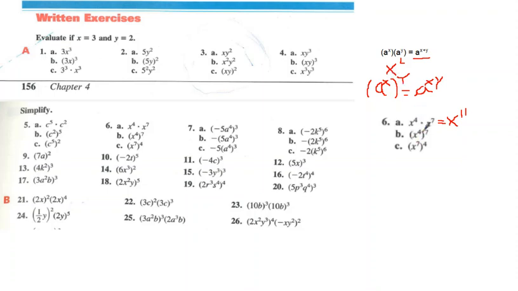So x to the fourth to the seventh power is going to be x to the which power? The 28th power? It will be the 28th power, yes. How about if we have x to the seventh to the fourth power? Also the 28th power? Also, yeah. So those are equivalent statements.